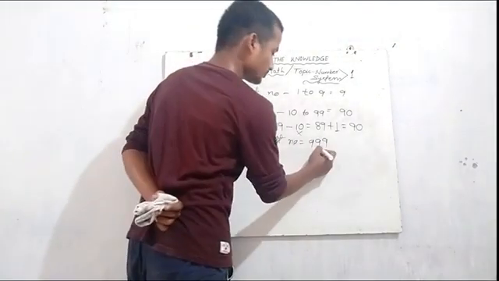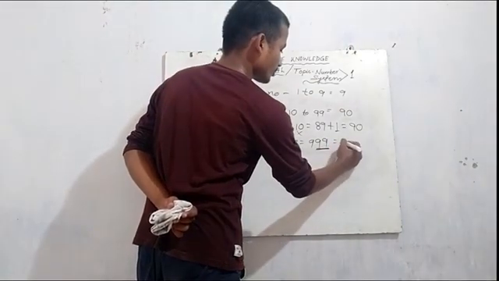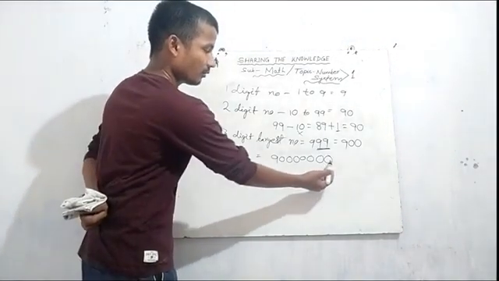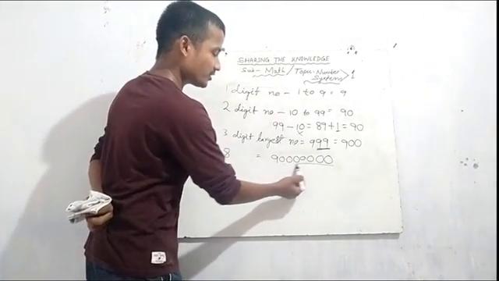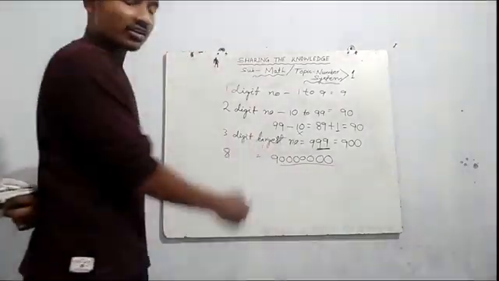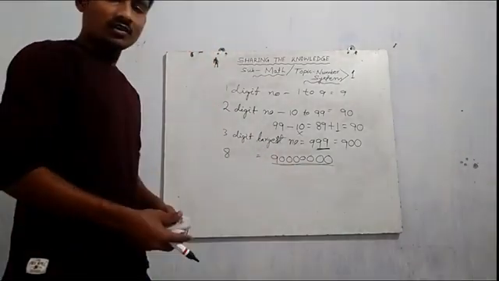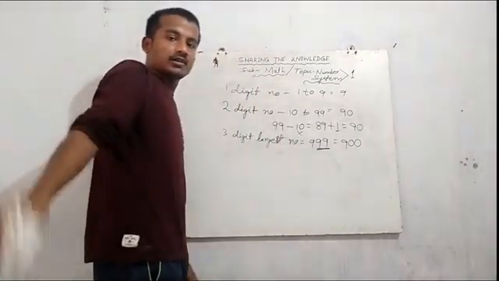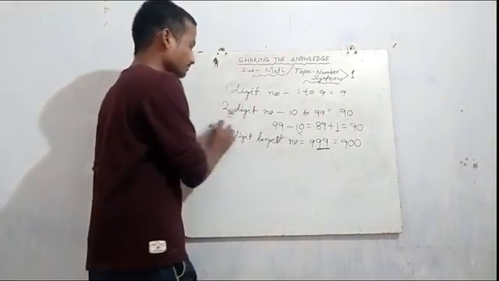Then put 0 here. How many 8 digit numbers are there? 1, 2, 3, 4, 5, 6, 7, 8. Put 7 zeros on the right side of 9. So this many 8 digit numbers are there. Very easy. You can make questions of your own and solve them.